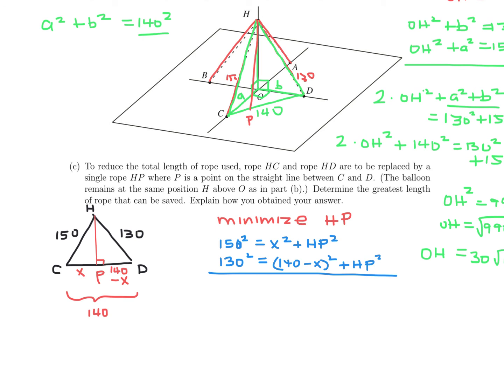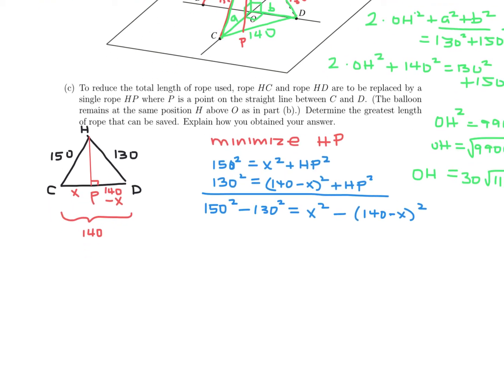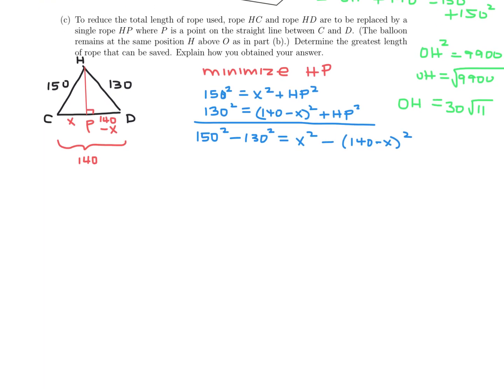If you subtract these two equations, you get 150 squared minus 130 squared on that side. On this side, you get HP squared minus HP squared, so the HP's cancel, and 140 minus X squared is subtracted. Since the HP's cancel, the only variable left is X, so we can solve for X. If we crunch out the numbers here, this is 5600.